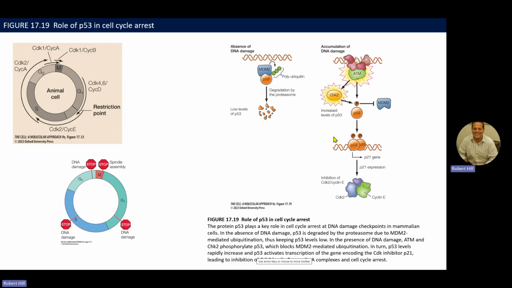And P53 then induces expression of P21, and P21 binds CDKs and stops the cell cycle. Okay, CDK2 and cyclin E. All right, so we looked at how the cell cycle works, and then also a bunch of different ways of regulating it, through the brakes of E2F and RB, and the cell cycle arrestor, which is P53.